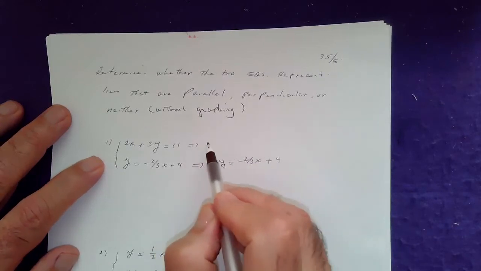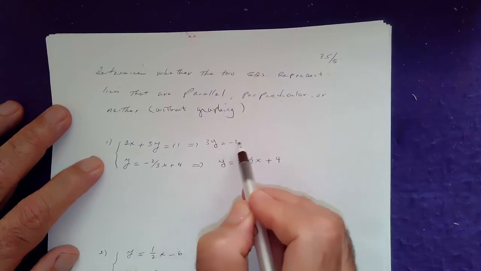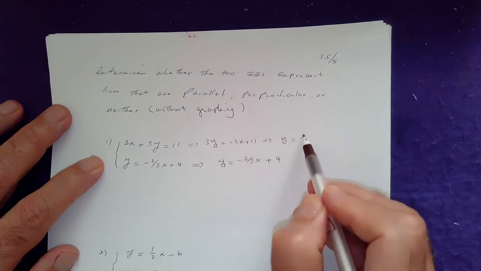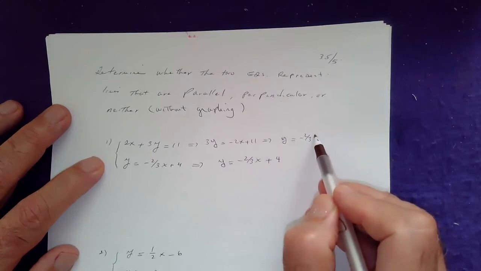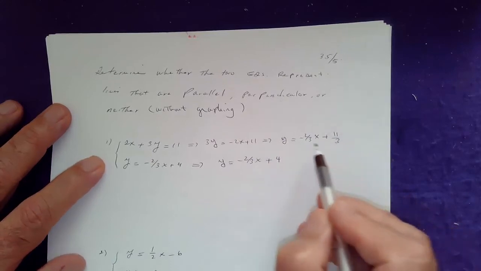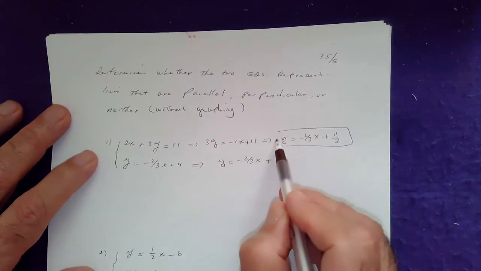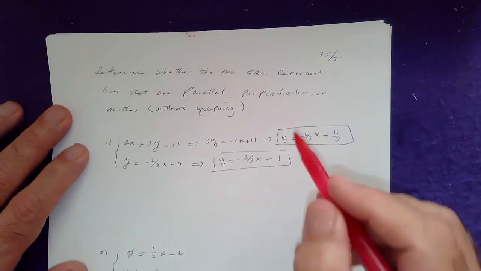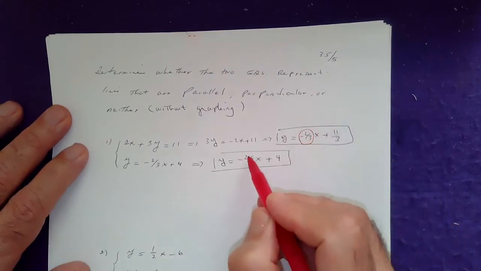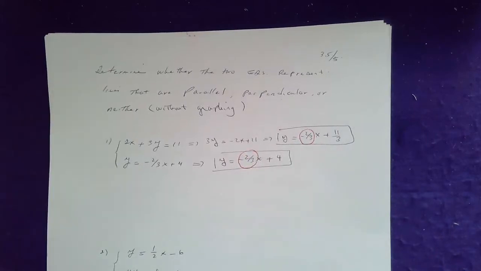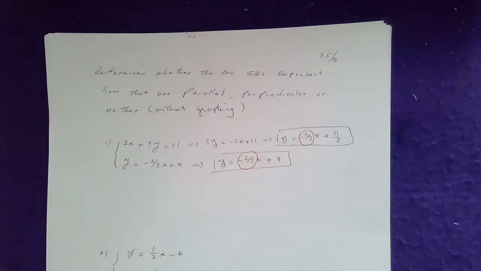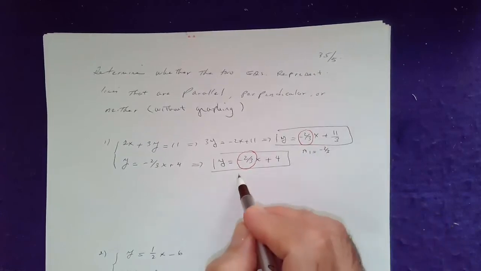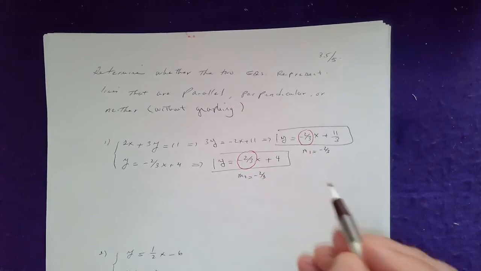So in this case, you get 3y equals -2x plus 11. Divide both sides by 3, you get -2/3 of x plus 11/3. Now compare this equation to this equation, okay? And now compare the slopes. Ready? Okay, it looks to me the slopes are identical because m1 is -2/3 and m2 is -2/3.